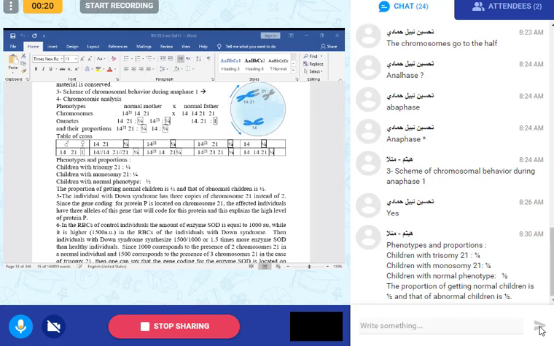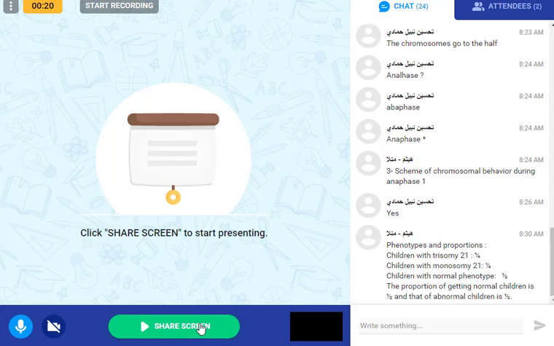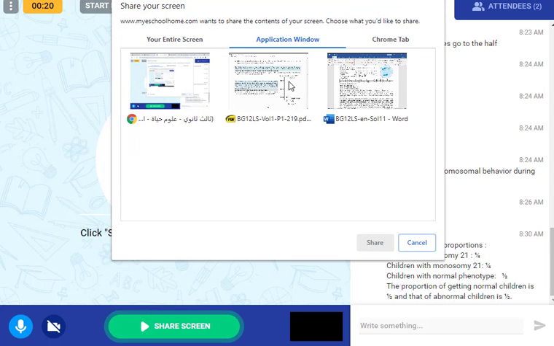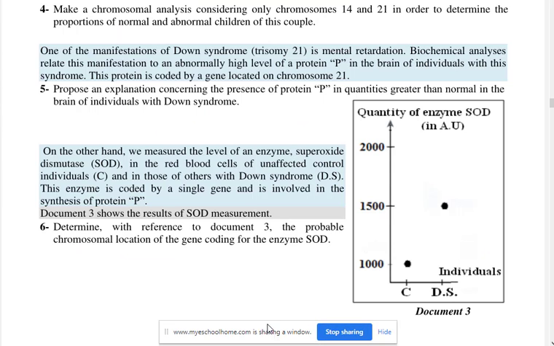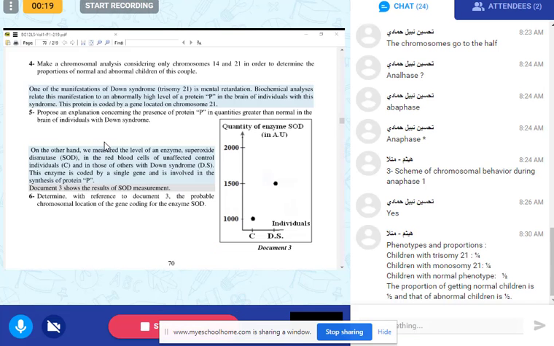Children with normal phenotype, 1 over 2. The proportion of getting normal children is half, or abnormal children, half. That's why we get 2 children: 1 is normal and 1 is abnormal. Clear until now? Any question?